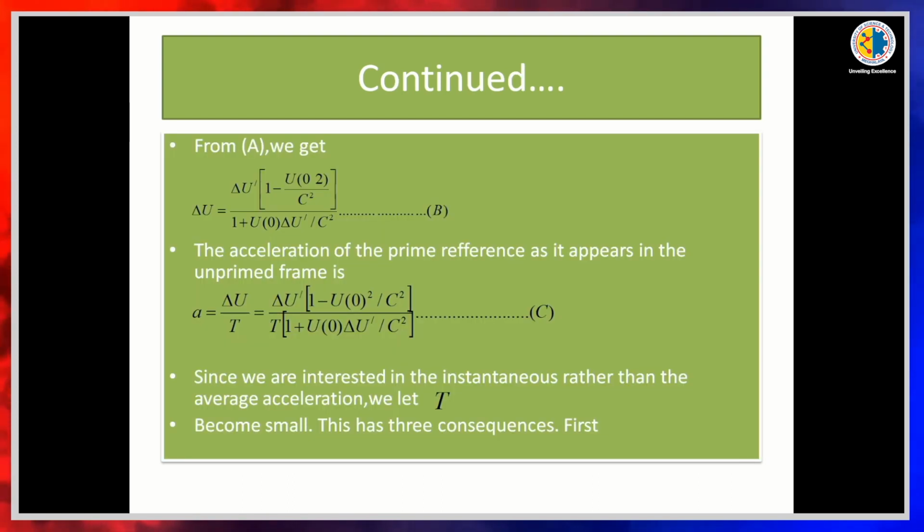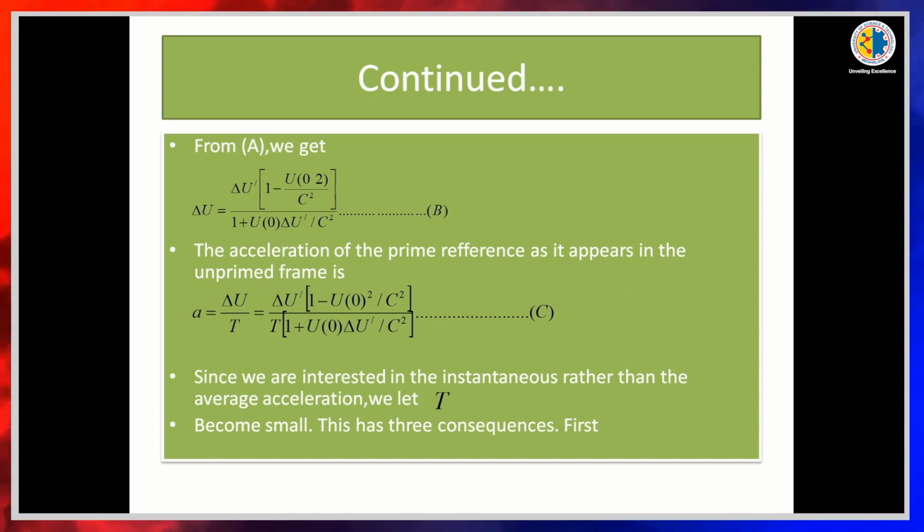From equation A we get delta u equal to delta u dash times (1 minus u0 square, the initial velocity square, divided by c square) divided by (1 plus u0 times delta u dash by c square). C is the speed of light, given by equation B. The acceleration of the primed reference frame as it appears in the unprimed frame is a equal to delta u by t, and it is given by equation C.